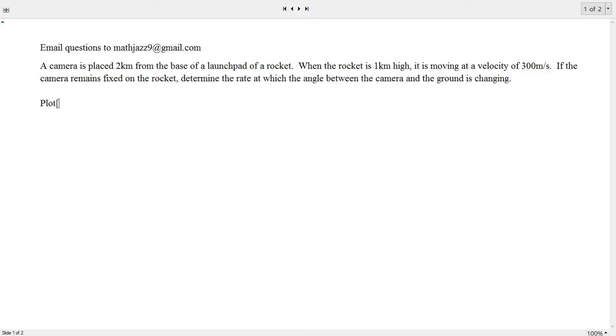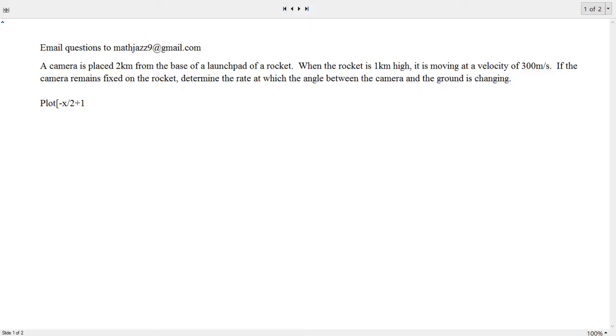We'll have y equals mx plus b, where m is negative 1/2 and we want b to be 1.